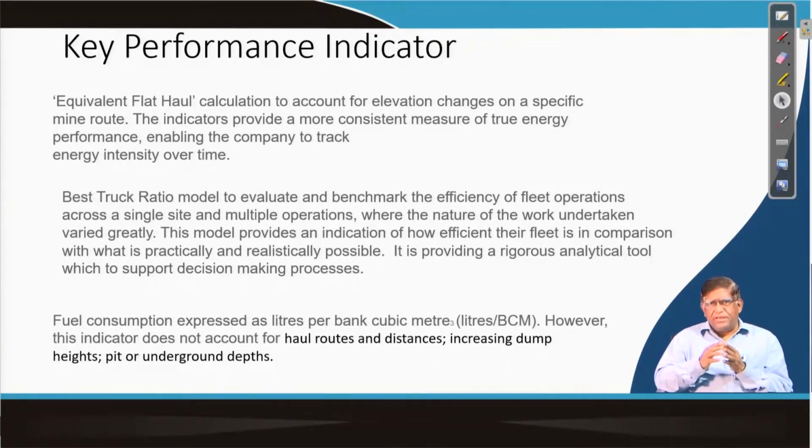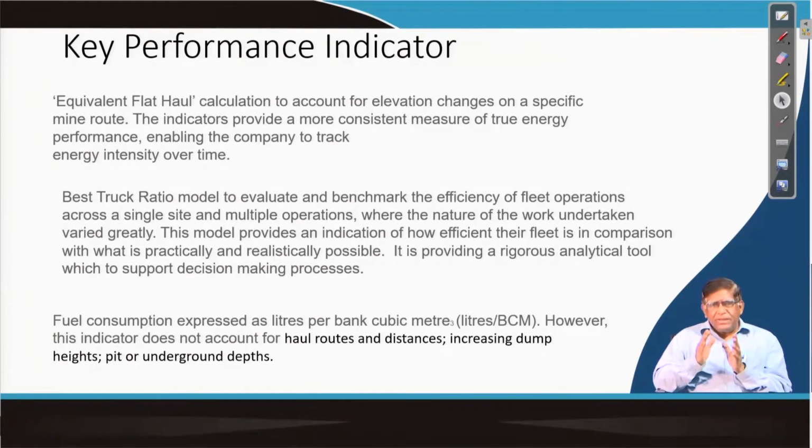It will not reflect, because for the same truck, this time you may have got a very high fuel consumption rate, meaning you have used more diesel for that particular block of overburden removal, maybe because in the dumping yard you are traveling a long distance and taking a long time, so cycle time has increased.